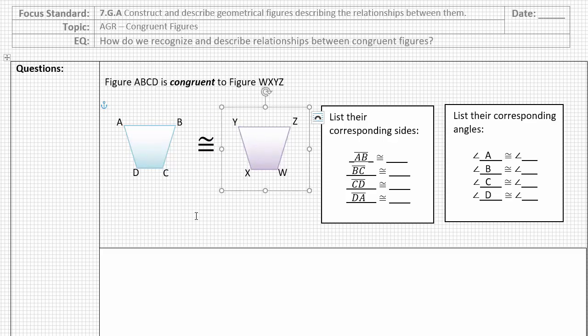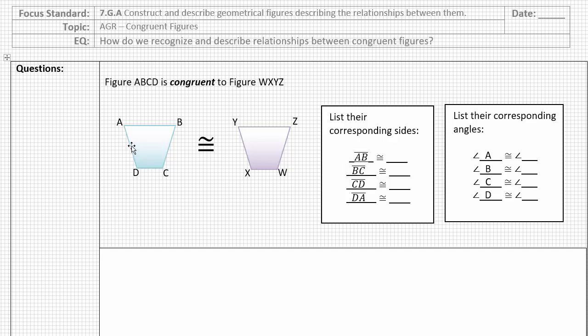So if we undo that, I'm going to leave it rotated. When we're describing congruent figures, we like to list their corresponding attributes, their corresponding characteristics. In this case, first we want to talk about their corresponding sides.